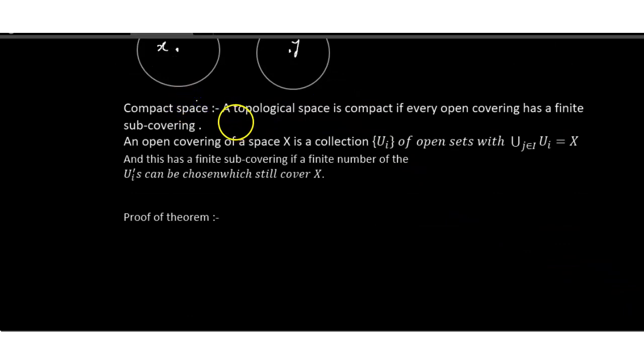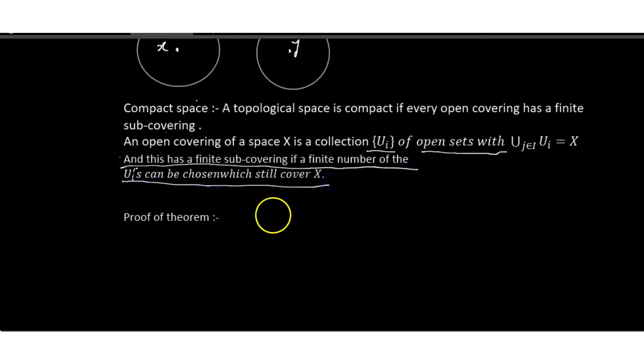A topological space is compact if every open covering has a finite subcovering. An open covering of a space X is a collection of open sets U_i, with the union over i in I of U_i equal to X, and this has a finite subcovering, meaning a finite number of the U_i's can be chosen which still cover X.